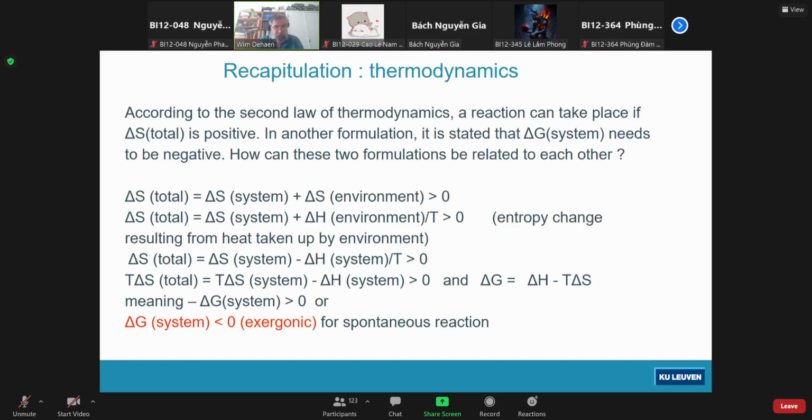And that's actually the same as the starting point. So that means delta G is negative if you have a spontaneous reaction. Just as an additional explanation.